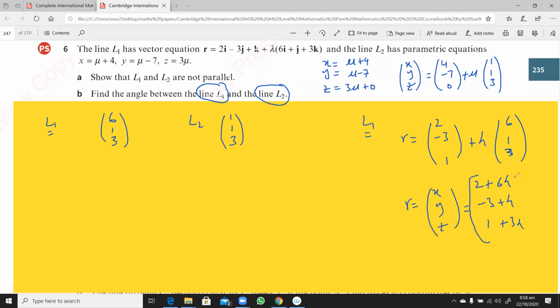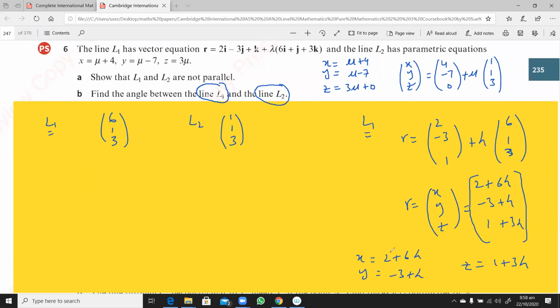So from here x is 2 plus 6 lambda, y is minus 3 plus lambda, and z is 1 plus 3 lambda. These are the parametric equations of the line L1.